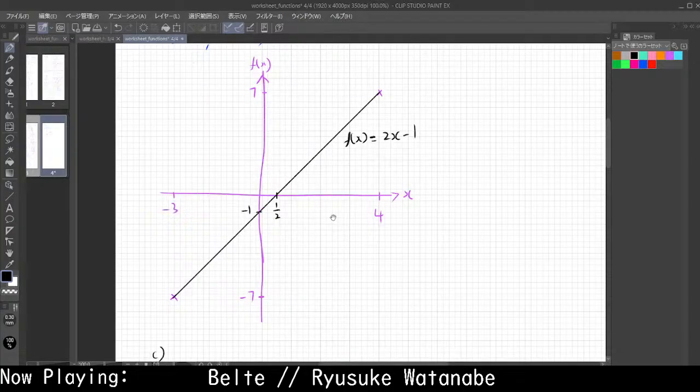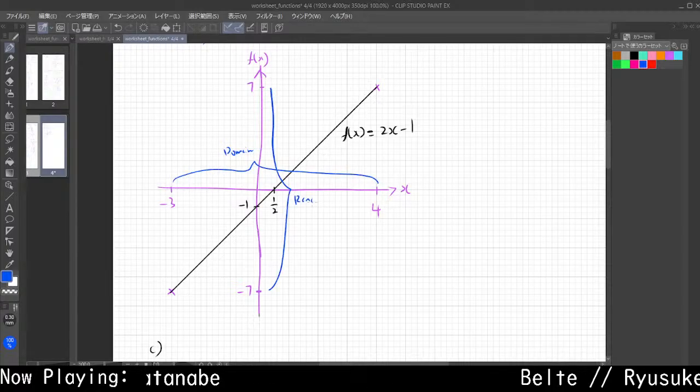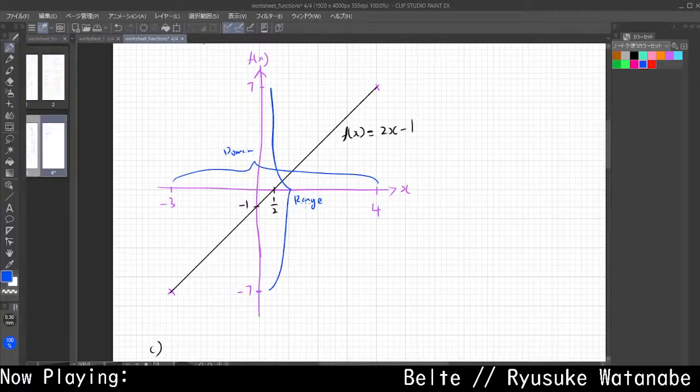Range is the range of your values on your vertical axis. In this case, -7 to 7. So this is your range. This is your domain. This is your range. Okay, domain is your x-axis values.